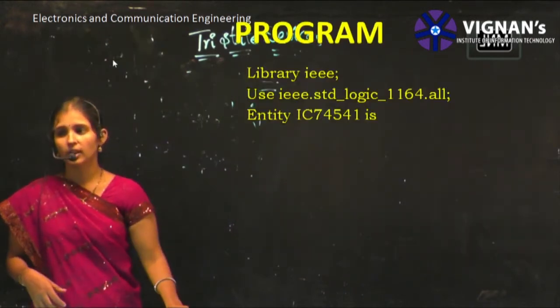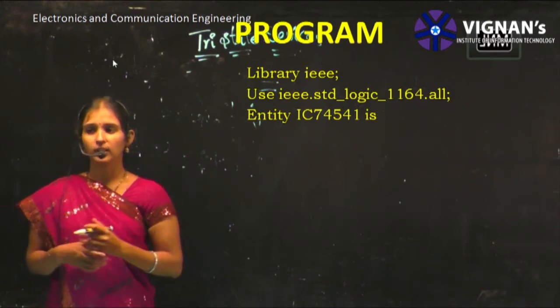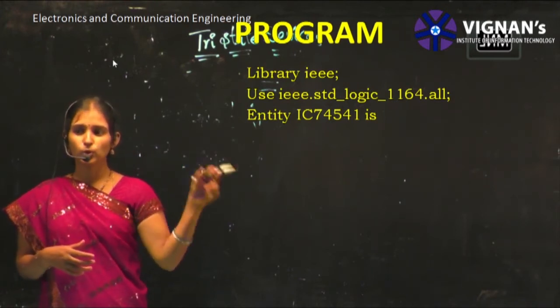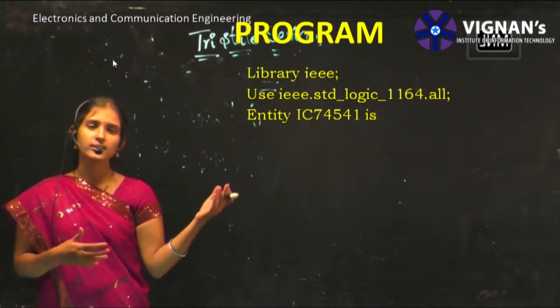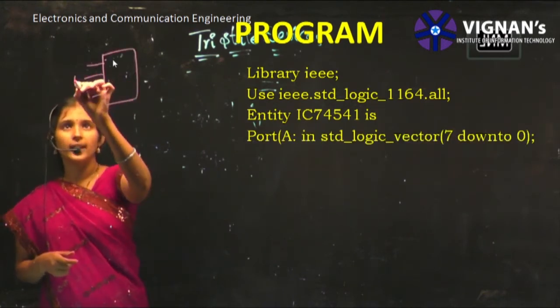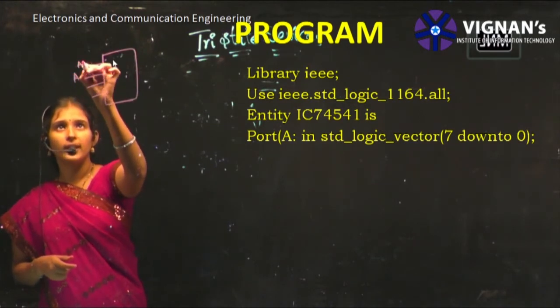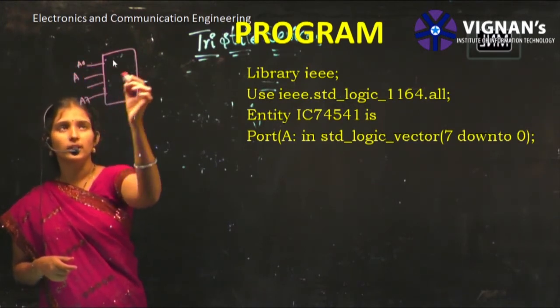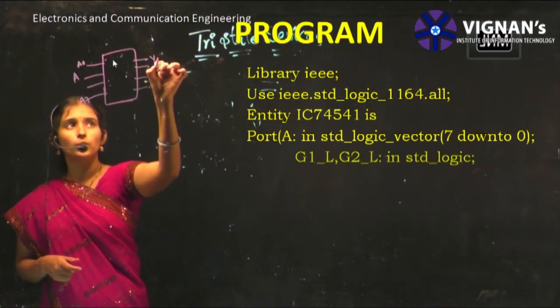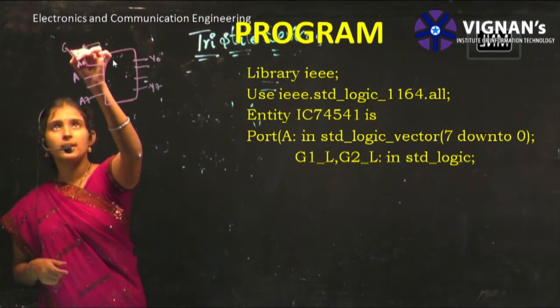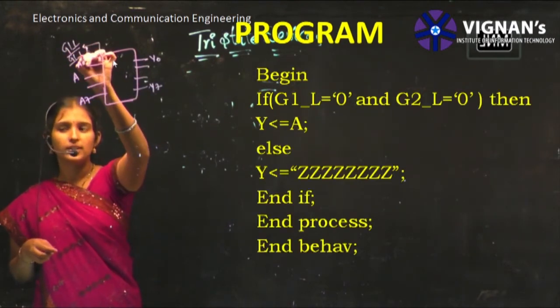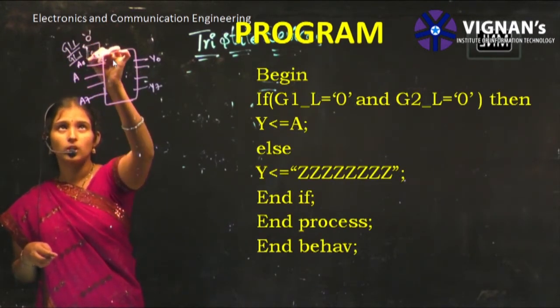Now see how to write a program for that. Library IEEE, use IEEE, and the IC number, that is IC 74541. Suppose A0 to A7 are your inputs and Y0 to Y7 are your outputs. If G1 bar and G2 bar are 0 0, what happens?